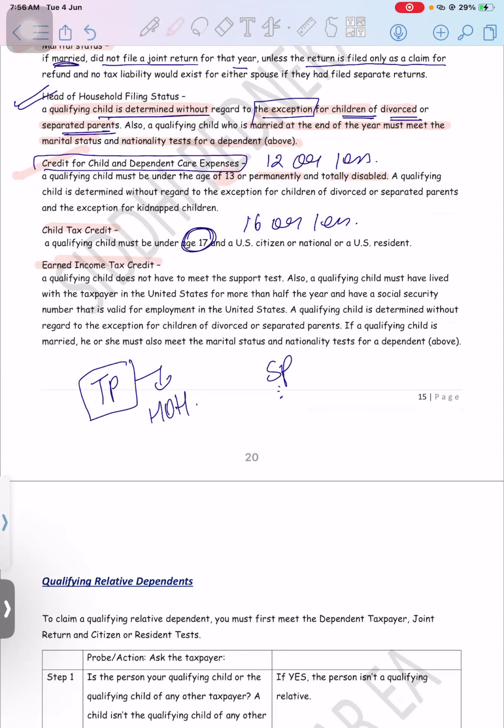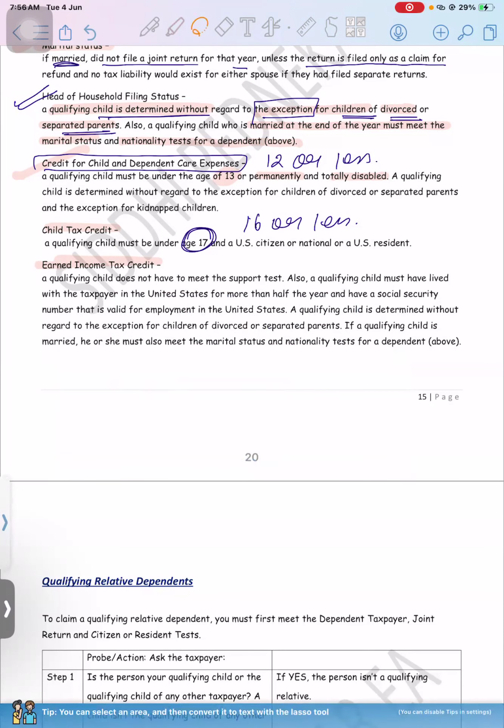Yeah. So see, earned income credit. See, earned income credit is something when a person is having earned income.